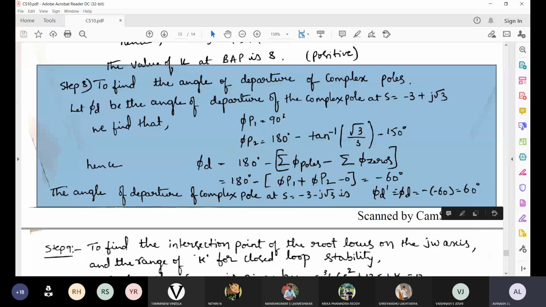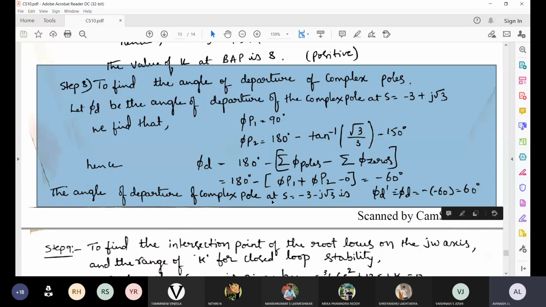There is also the normal pole, that particular pole we also need to consider. There is a 90 degree angle we need to consider for the normal pole along with this pole. So once we consider these two angles, we get phi d equal to minus 60 degree.